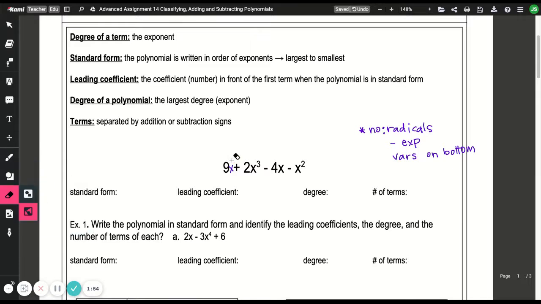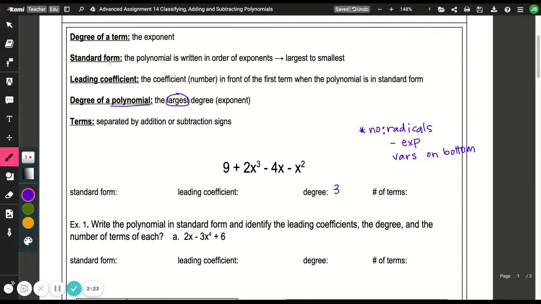So if we simply say the degree, it just means the exponent. Or if we say the degree of a term, it means the exponent of that individual term. If we talk about just the degree or the degree of a polynomial, it's the largest exponent. So if we said, what's just the plain degree of this? Like here I have the question. It's the largest exponent. So it would be a 3.